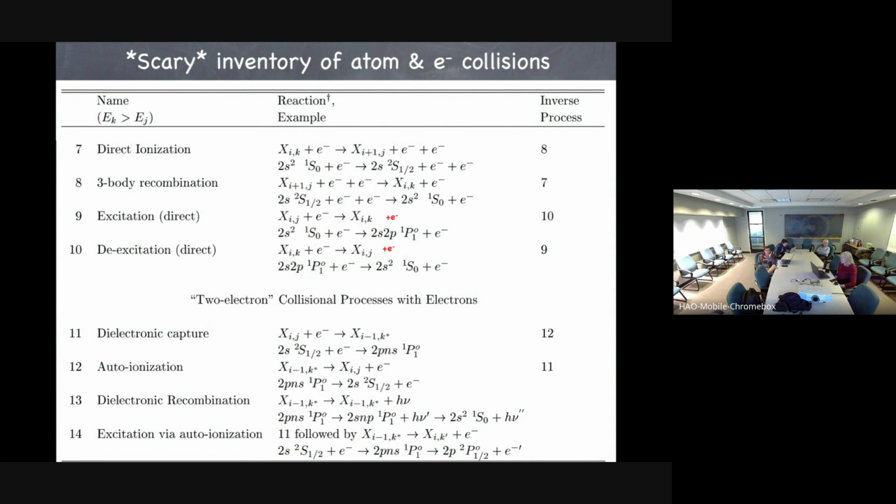So, for instance, if the electron piles in and is just grabbed by the potential field, and while it's being grabbed, it forms an ns electron. So n might be 10, it might be 5, it might be whatever you want. But in the process of doing that, one of the electrons has also jumped inside the atom. So now you've got a doubly excited state here, this one, compared with that one. That's a single electron excitation. This is double.